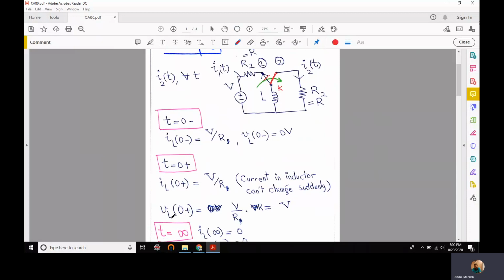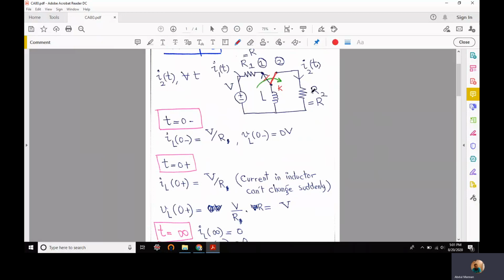And what happened with the voltage across the inductor? That's pretty interesting because the voltage drop across an inductor can change suddenly. Since we have changed the position of the switch from 1 to 2, now this inductor and this resistor are in parallel. So the voltage drop across the resistor would be the same as the voltage drop across the inductor.